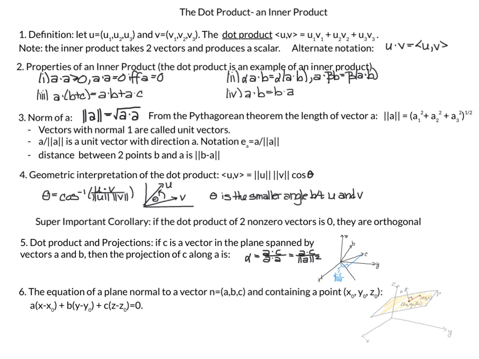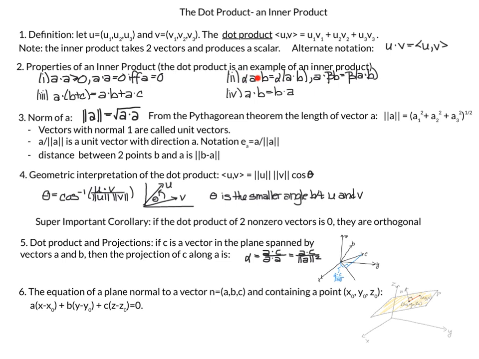The next thing we'll talk about are properties of an inner product. The dot product is an example of an inner product. So we'll look at the properties of the inner product, which include: one, that the dot product of a vector with itself is always positive and only equal to 0 if your vector is equal to 0. Two, alpha is a scalar.